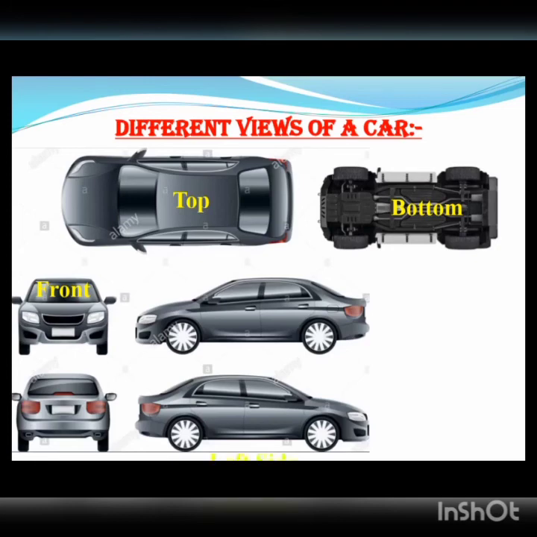So it represents left side view. Next one, look at the given picture. Yes, it shows the back side of a car. So it represents back view. And the last one, yes, right side view. Dear students, I hope now you are more clear about the different views of an object or a thing.